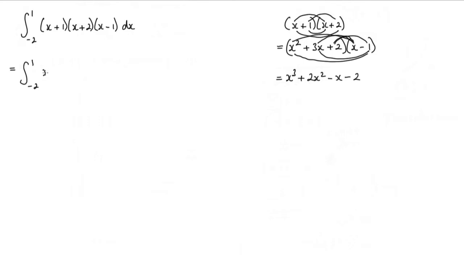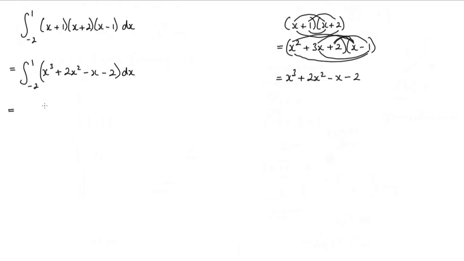So what we've got is x cubed plus 2x squared minus x minus 2, and that's all with respect to x.